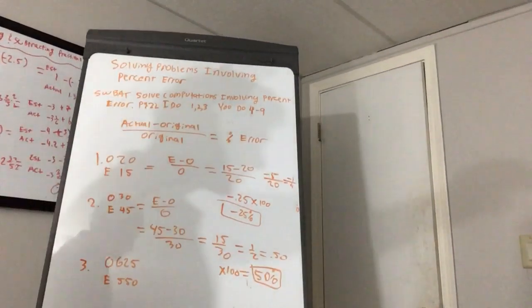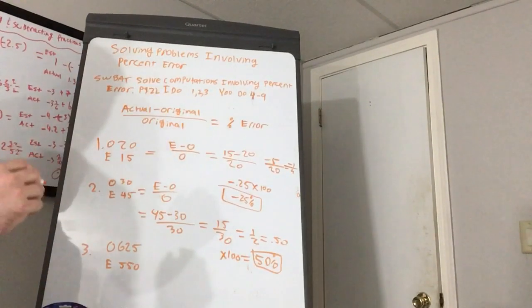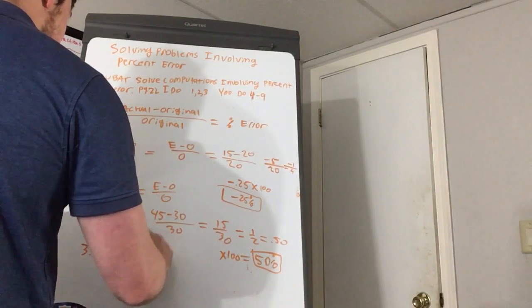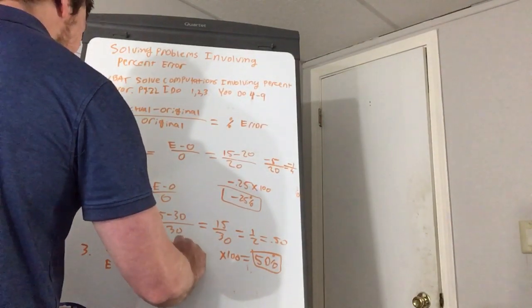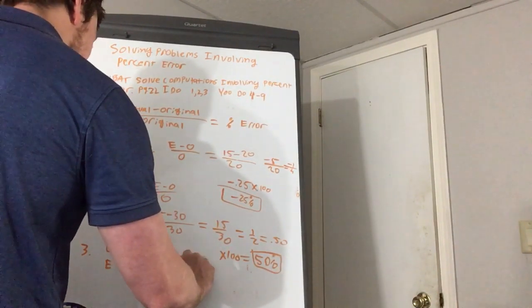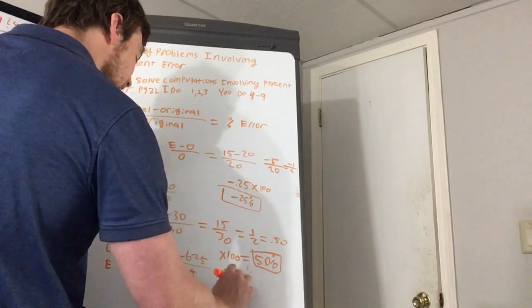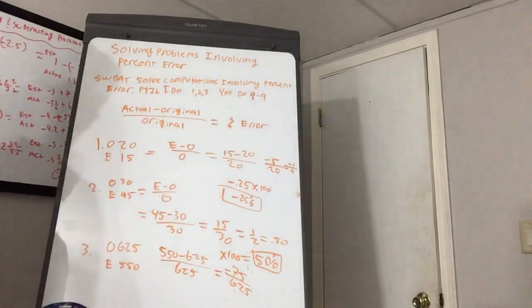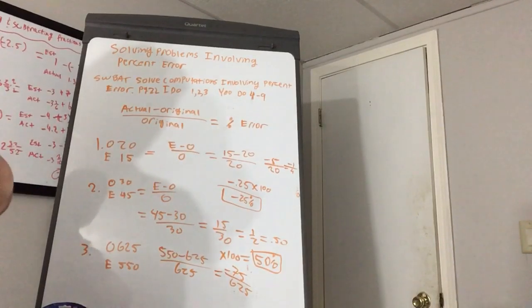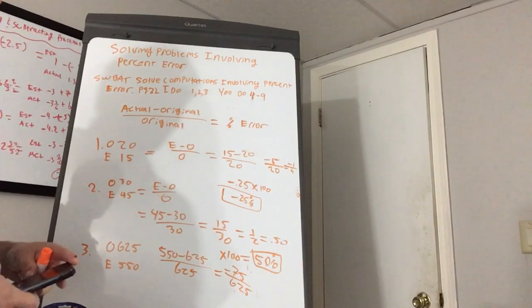So back to the math. The original amount is 625, and the end amount is 550. So take N minus original, so 550 minus 625 over the original, which is 625. 550 minus 625 is negative 75. Negative 75 over 625. That does not evenly divide, so I'm going to take out my calculator.